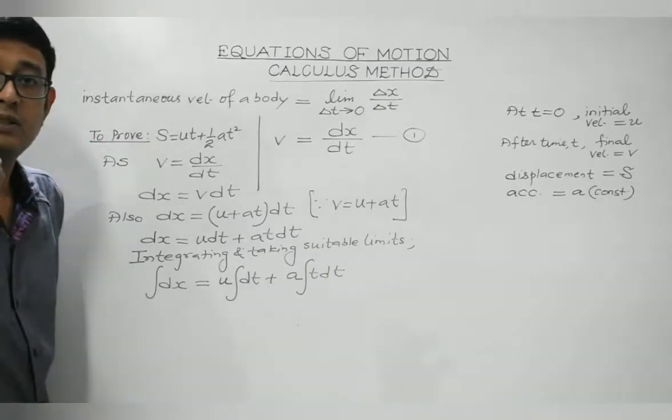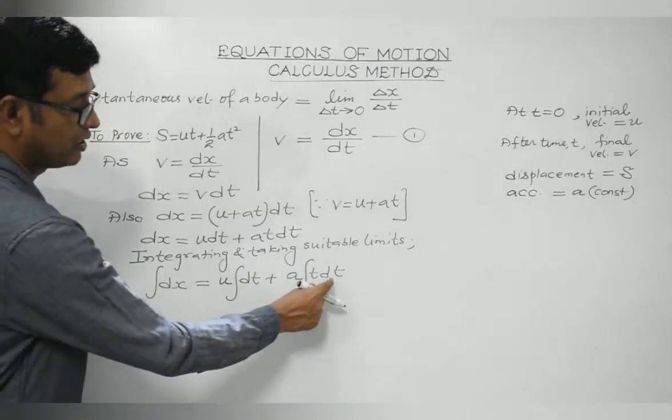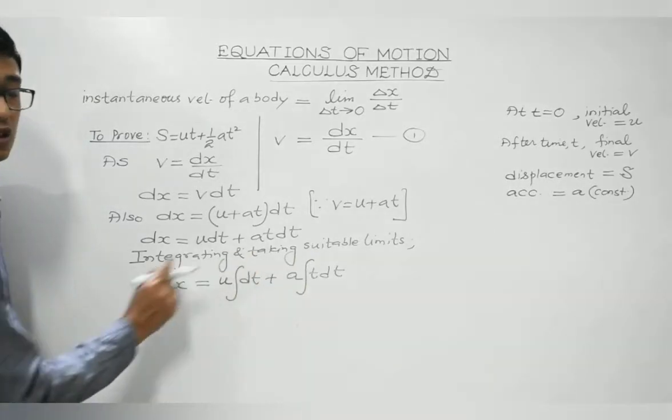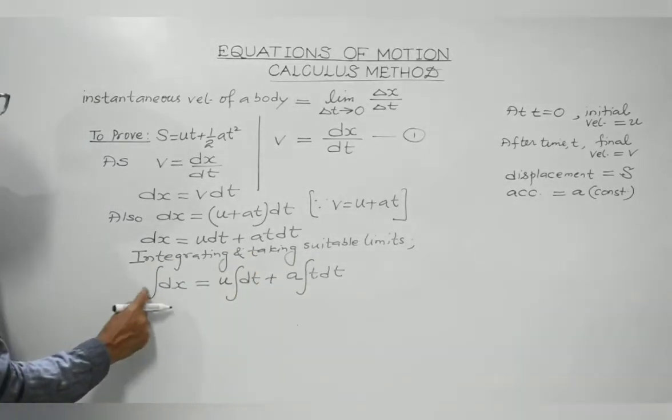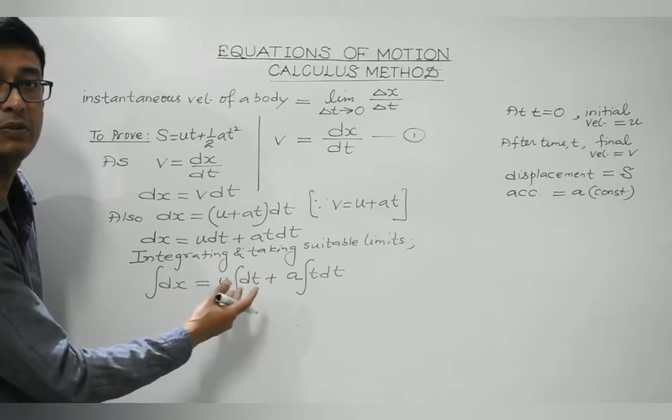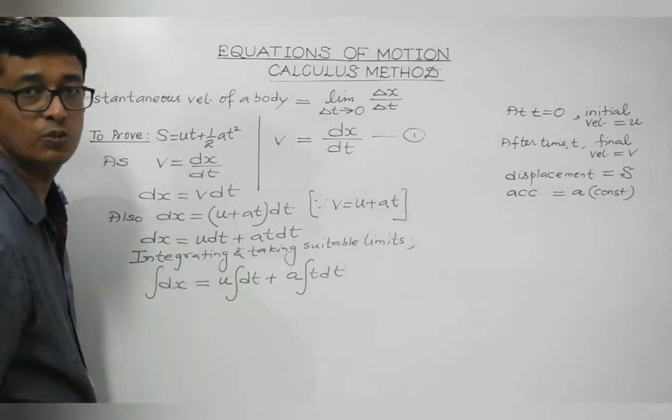Now remember the limits. Whenever you are integrating with respect to time, then the limits of time are to be substituted, and when it is the case of integration with respect to x, which is displacement, then the limits of displacement are to be considered.